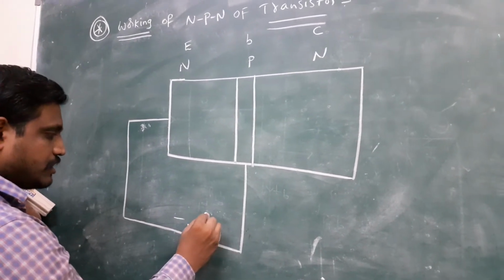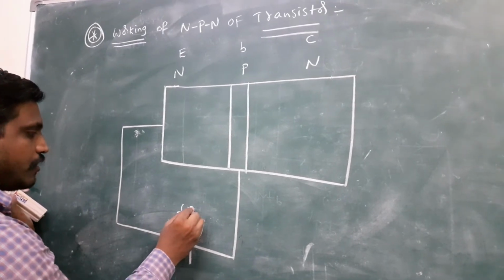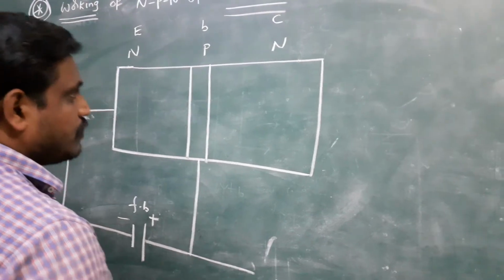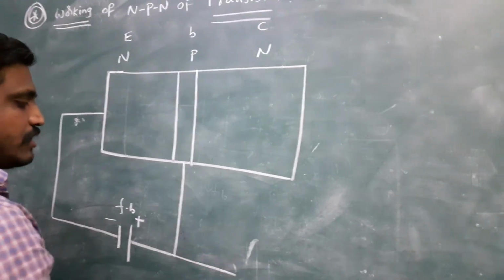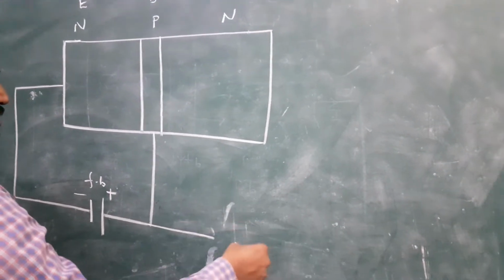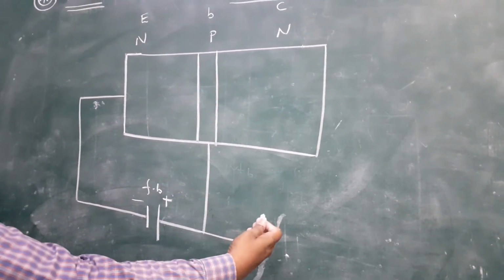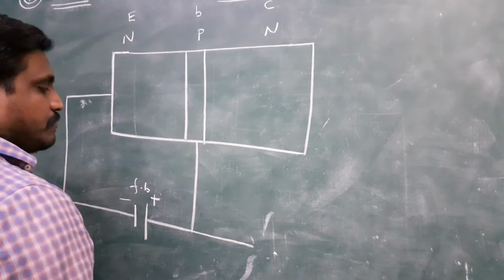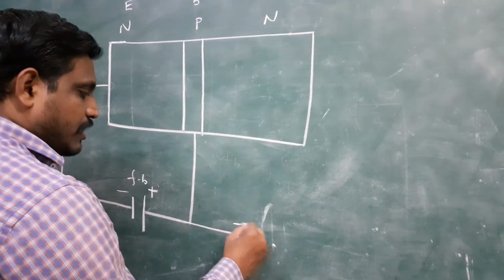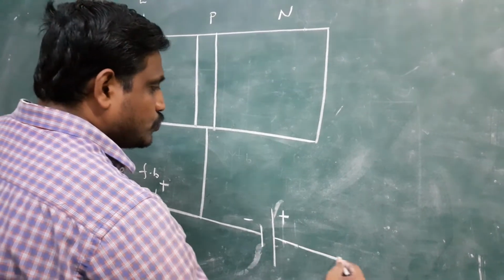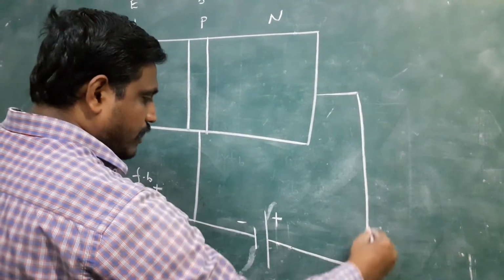This bias is said to be a forward bias. Next, the base-collector is in reverse bias, because it transfers a current from low resistance to high resistance. Reverse bias means P is connected to negative, N is connected to positive.